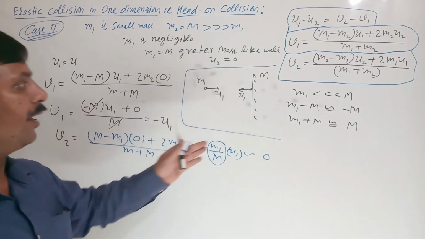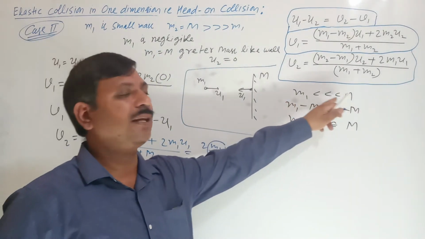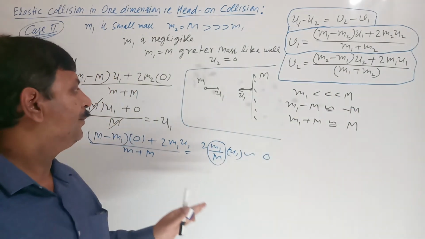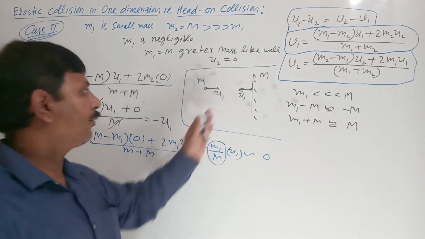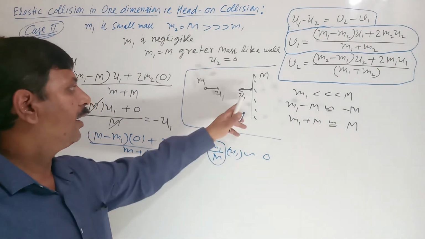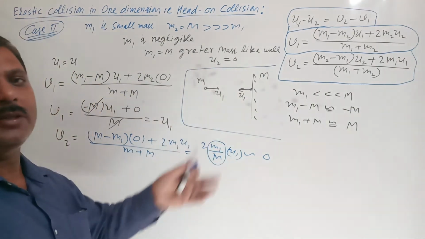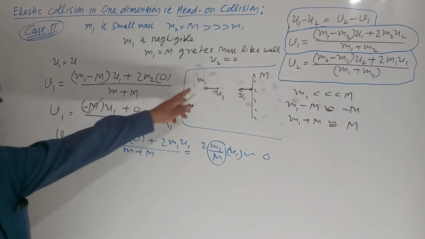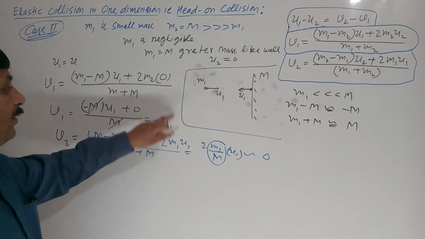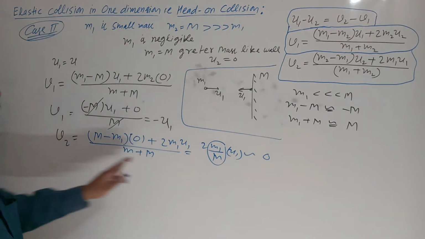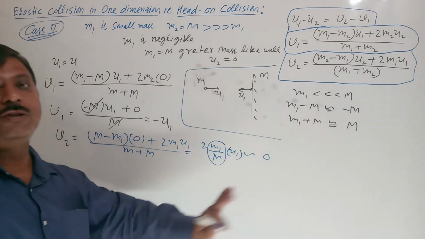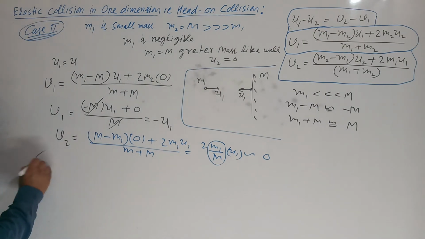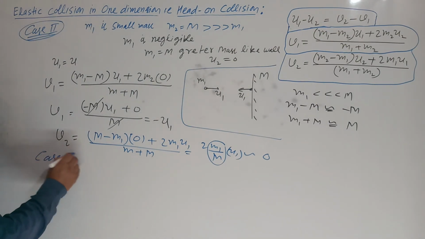So here M1 is negligible compared to M2, where M2 is taken as capital M. You have seen that when they collide, they bounce back with the same speed. Here V1, the velocity of M1, after collision becomes U1, and the velocity V2 is almost negligible, 0. It's the same thing for the third case.